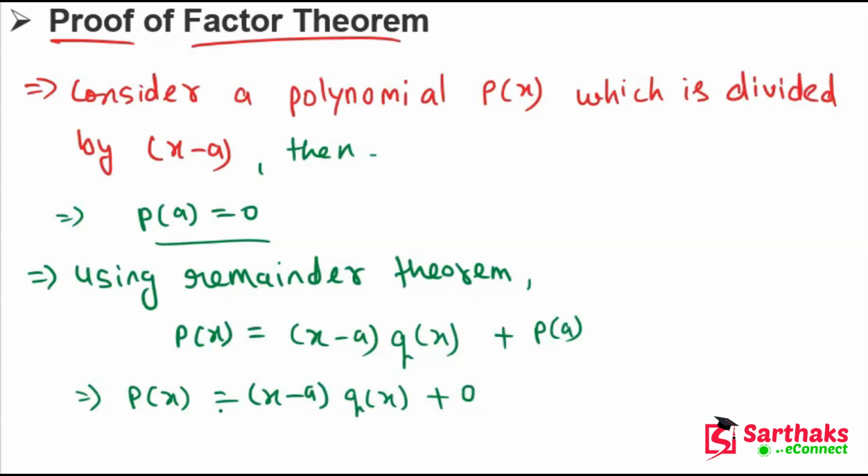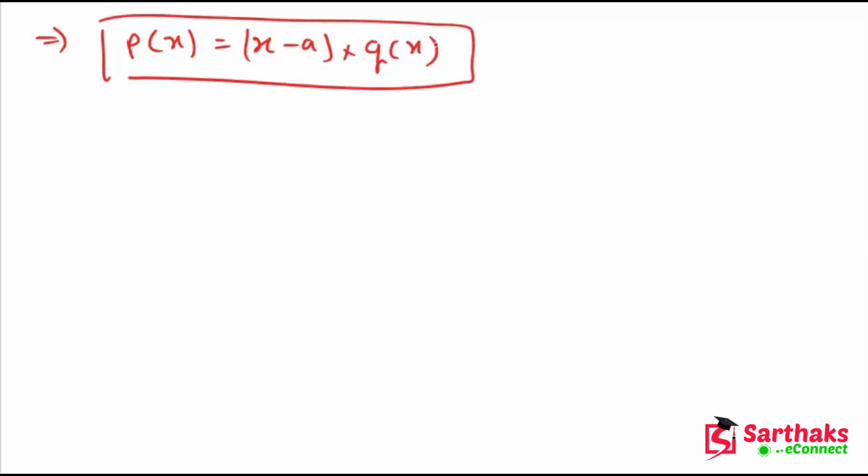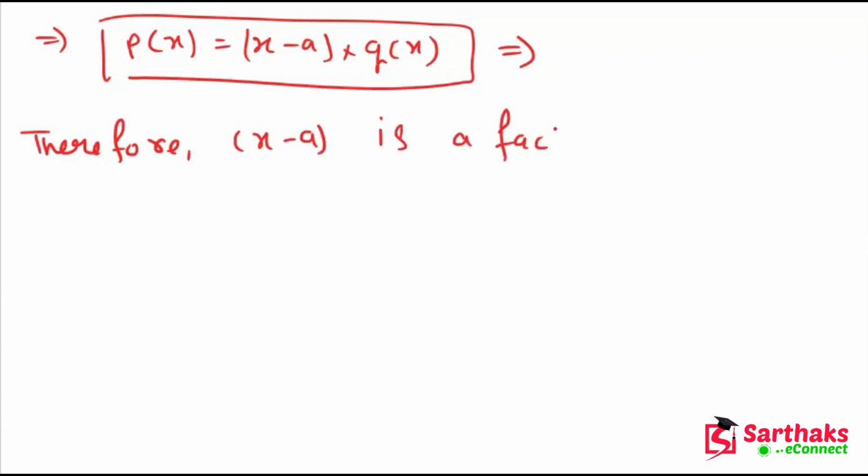So we get p of x is equal to (x minus a) into q of x. With the help of this expression, we can say that, therefore, x minus a is a factor of p of x. I hope you understand these things.